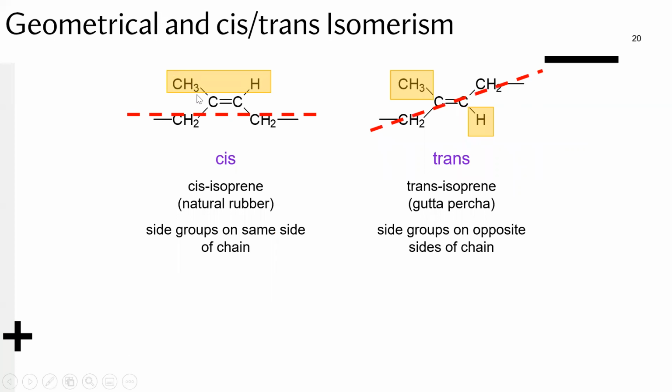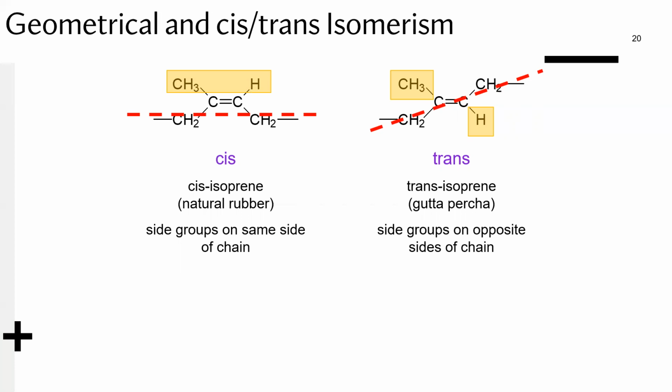So for instance, here you have a hydrogen side group and a methyl side group. So here you have these two on opposing sides. Here you have them on the same side. As simple as that. The idea is that these two are again isomers, but one of them has these side groups on opposing sides. One of them has them both on one side.